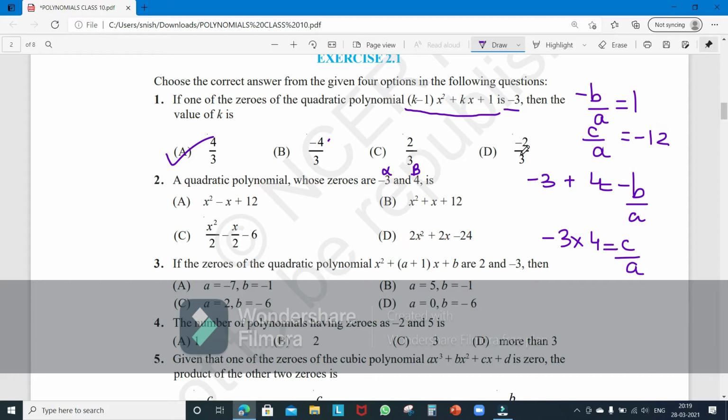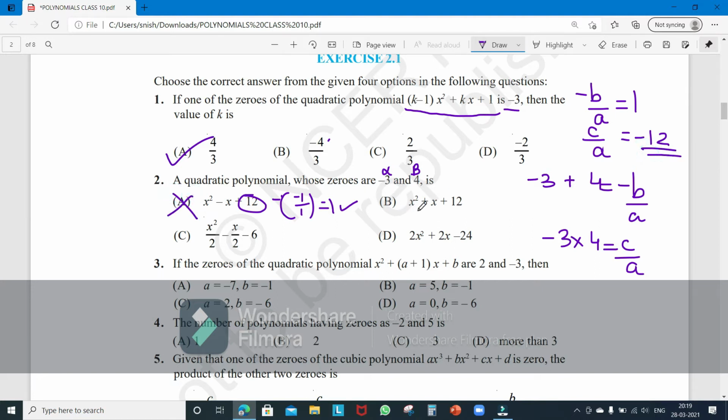So let's check which option satisfies this. Minus of b by a, you will get minus of minus 1 by 1, which is equal to positive 1. Okay, well and good. And then now c by a will be 12 by 1. You have to get it as negative 12, but it's positive 12 here, so this is not the option.